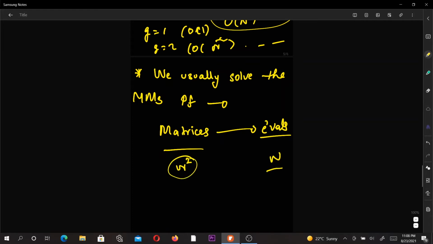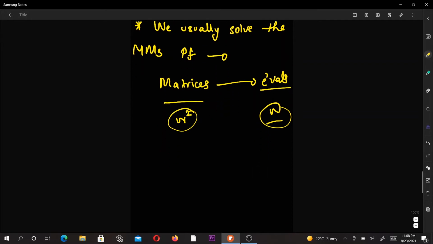It's very easy to deal with N parameters rather than N squared parameters. And since we are very familiar with variables rather than matrices when it comes to doing integration, it's best if we shift to the eigenvalue basis, and in almost all scenarios you'll face, we always take it to the eigenvalue basis.